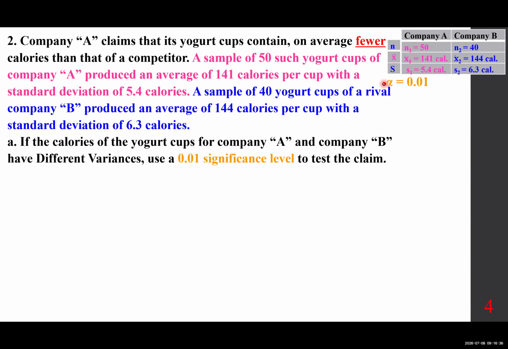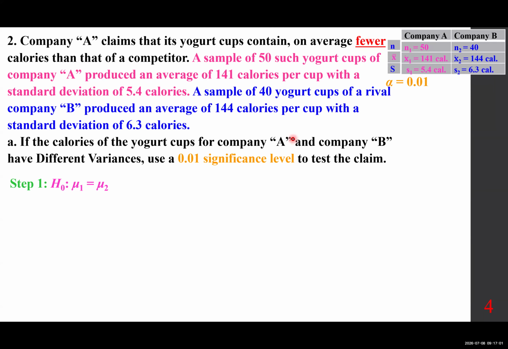All right. Now, the first step, H0: mu1 is equal to mu2. You always start with equality. Now, the alternative: company A claims that they have fewer calories, that means mu1 is less than mu2.